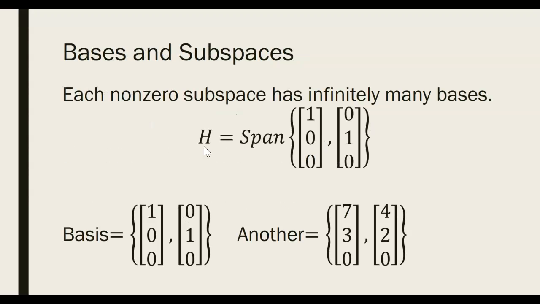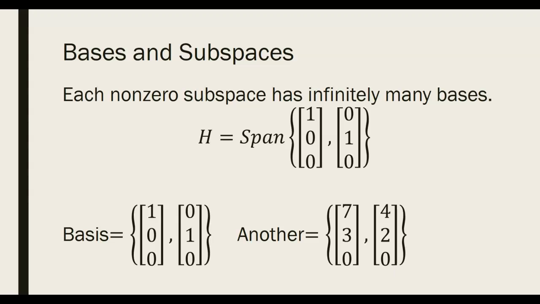So if this were my H, I would say that H has dimension of 2 because there are two vectors in a basis of H. And if you looked at any other basis for H, you'd still say it has dimension 2 because that basis would also have two vectors in it.